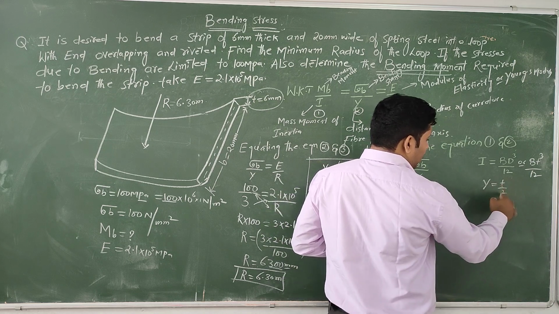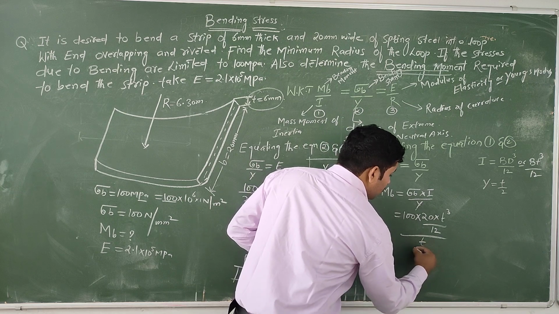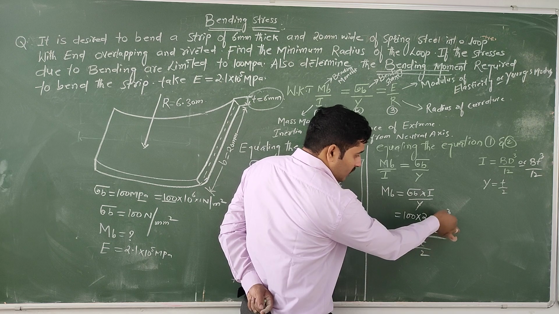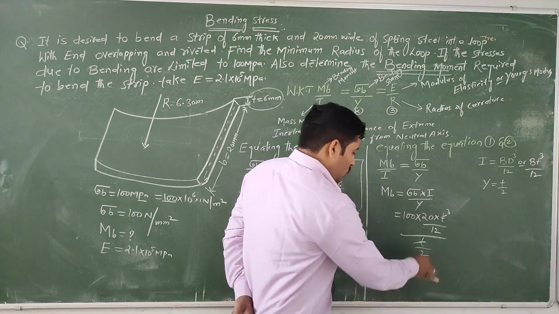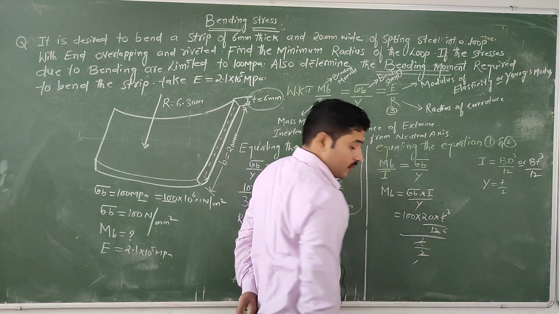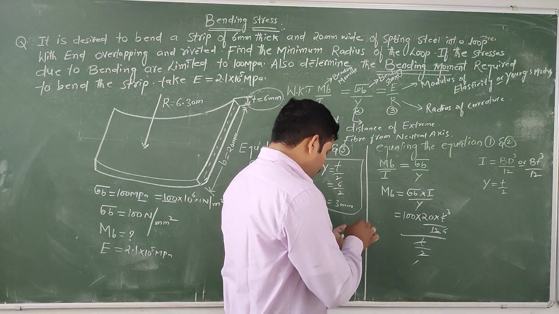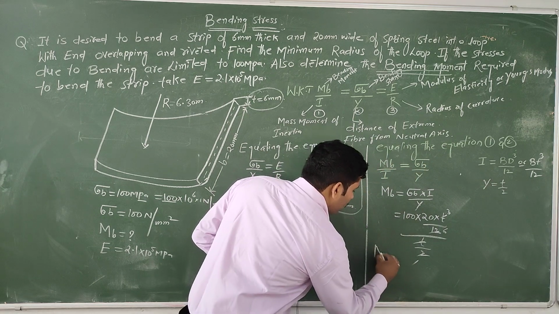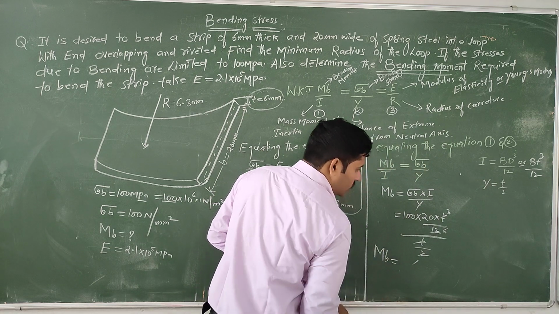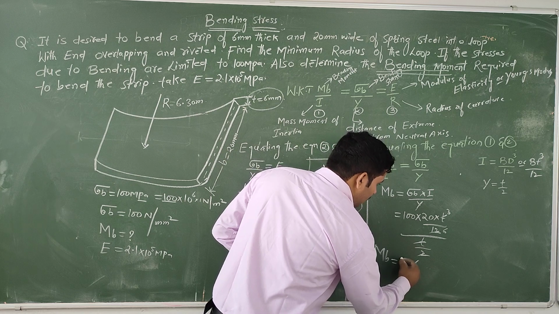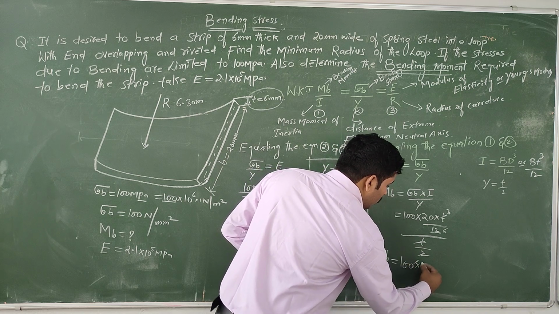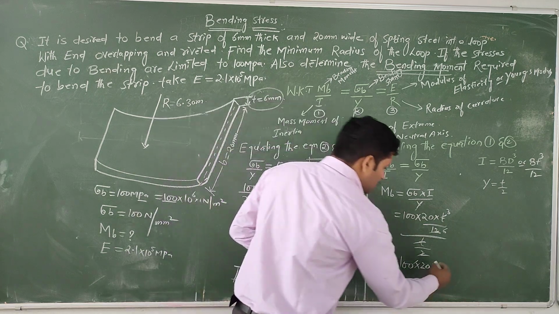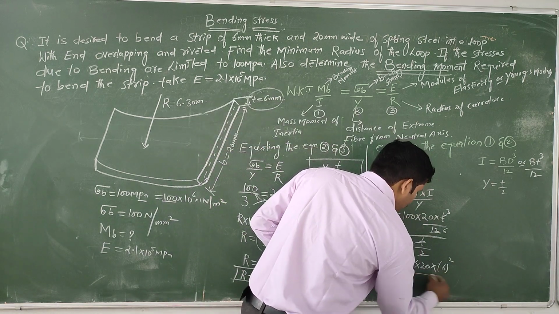Y is nothing but thickness by 2. Then this T and this T will cancel. Then you will get the value MB, the bending moment, equal to 100 into 20 into thickness, 6, whole square by 6.